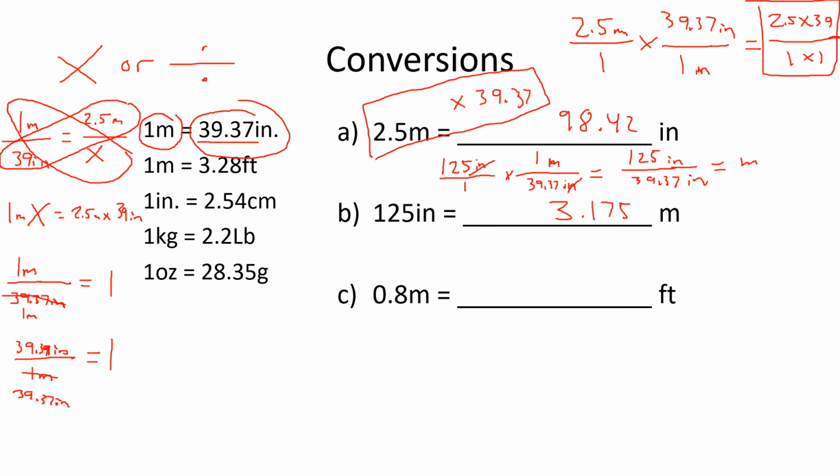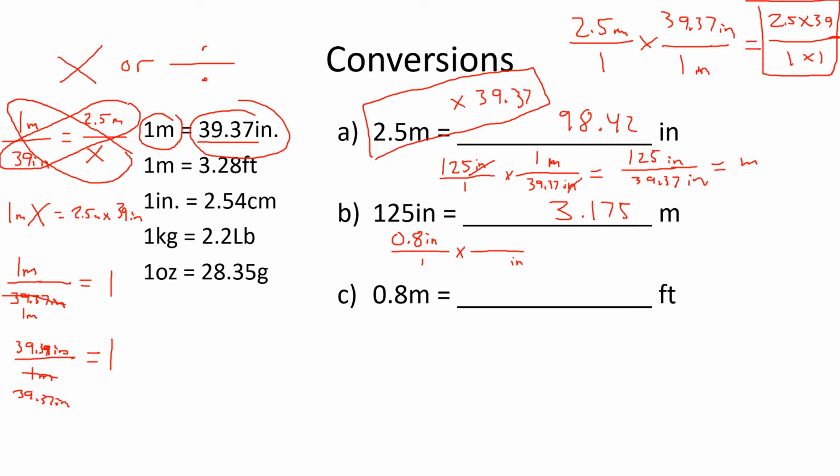Meters to feet. What's our conversion factor? 3.28. Are we going to multiply or divide by 3.28? All right, let's set it up. We want inches at the bottom, right? So they can cancel out.